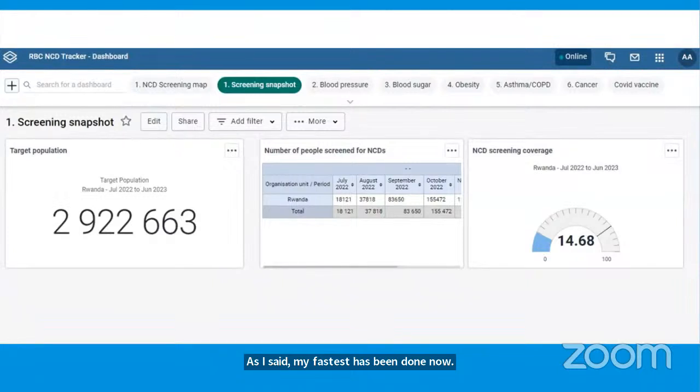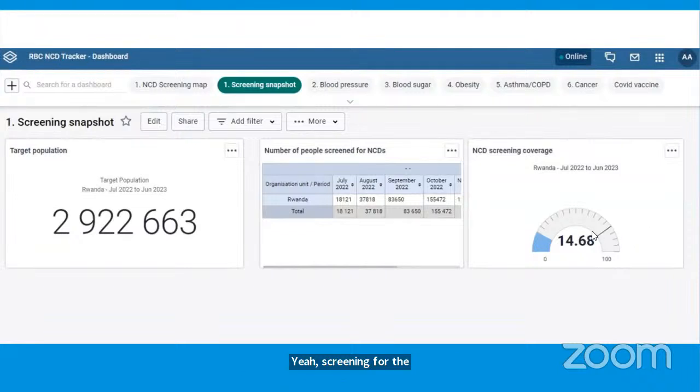Each district has a target population of people who are older than 35 years of age, because those are the main people who can get NCDs. Those are screened by district, and they can monitor how many people they are screening for the whole fiscal year.